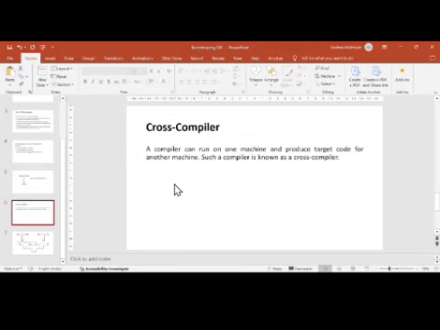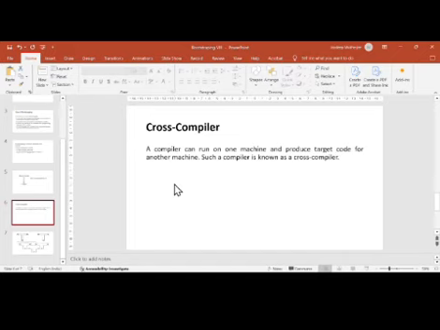So what is a cross compiler? The code we have developed runs on one machine, and we produce the target code for another machine. Such a compiler is known as a cross compiler, right?